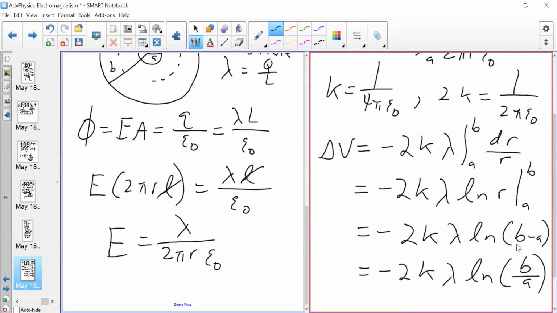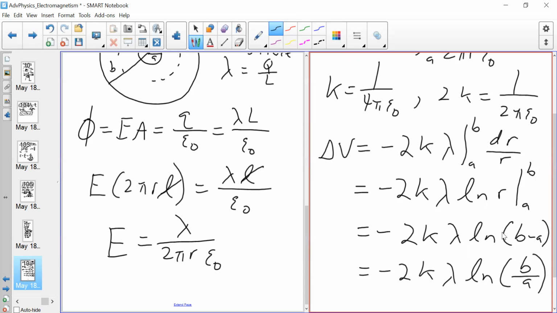Well, yeah, I just didn't expand it out that way. It's going to be multiplied by both, natural log B minus natural log A, but you're basically right.